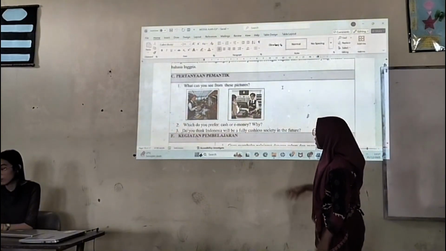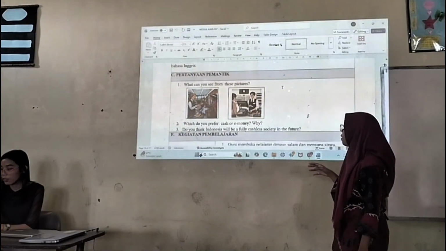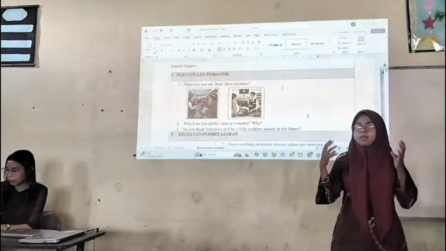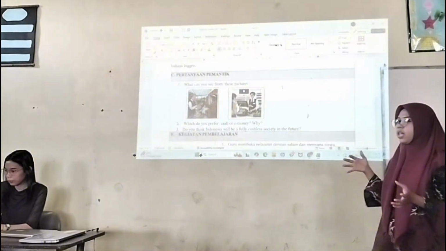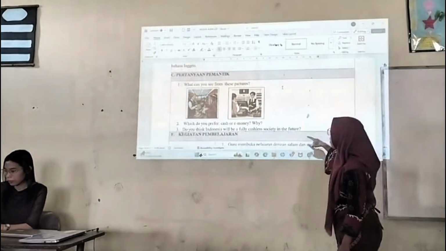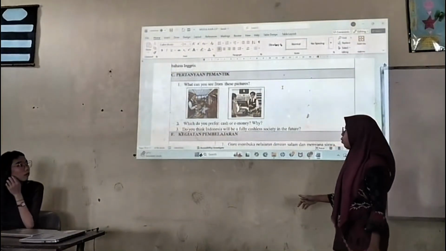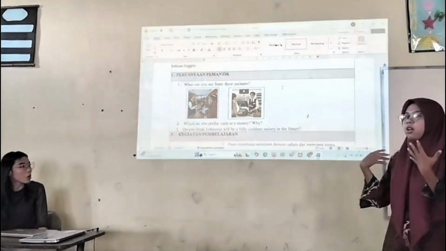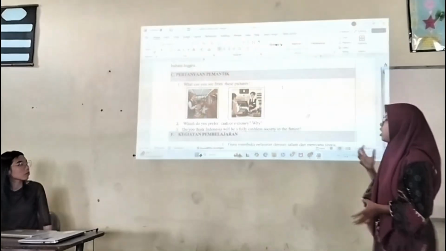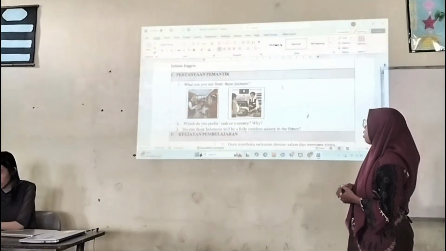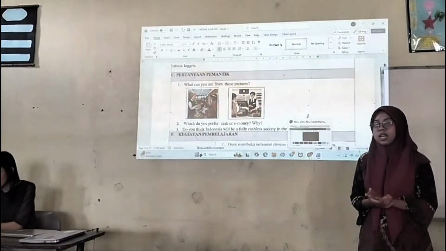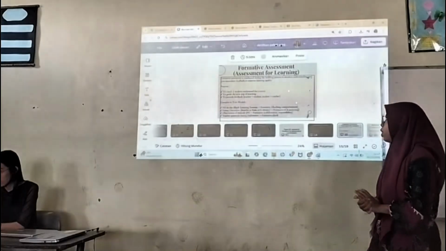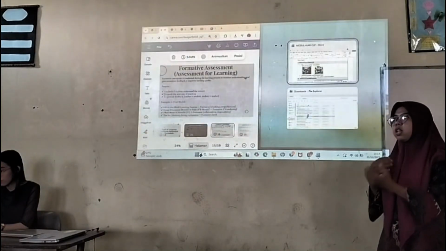The pictures show our topic, so the students can explain their knowledge about what they can see from the picture. And there are three trigger questions that will be asked to the students to get their initial knowledge about the topic. Okay, that's for diagnostic assessment, which is used for knowing the students' competency before we continue to the lesson modality.